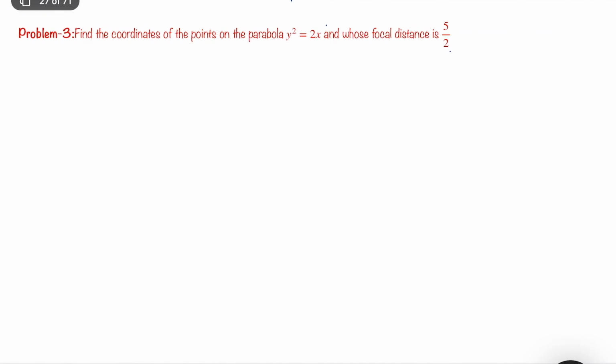problem. Find the coordinates of the points on the parabola y square equal to 2x whose focal distance is 5 by 2. This is the standard equation of the parabola. If you compare with y square equal to 4ax, then you will realize that a equal to 1 by 2.